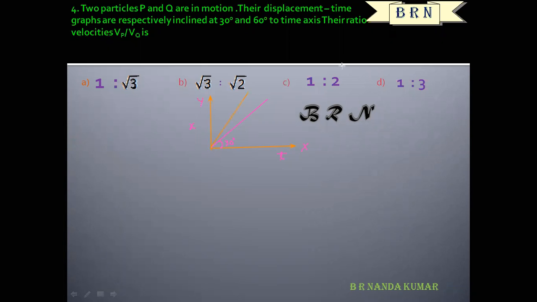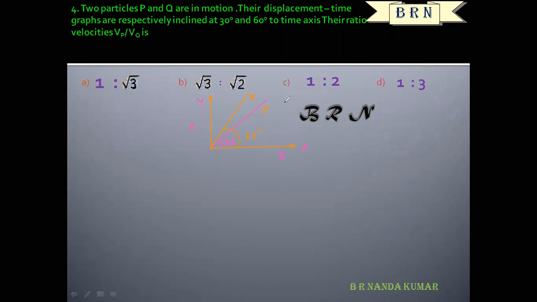Okay, so this is P and this one is Q. So Q is inclined at angle 60 degree to the time axis.